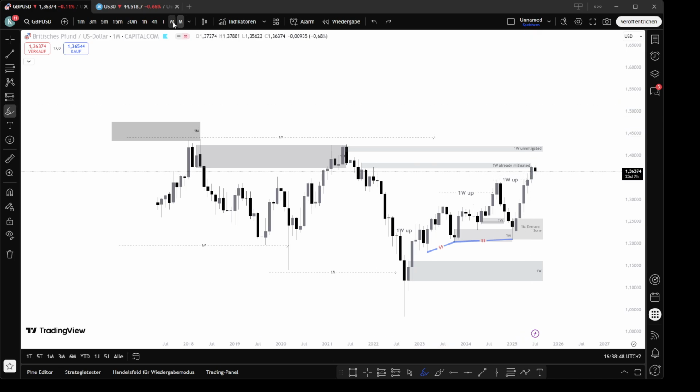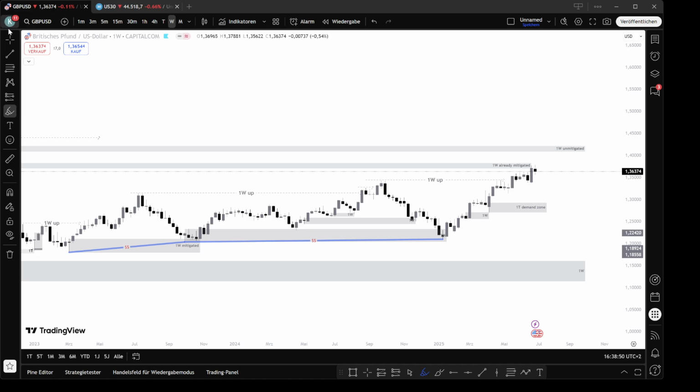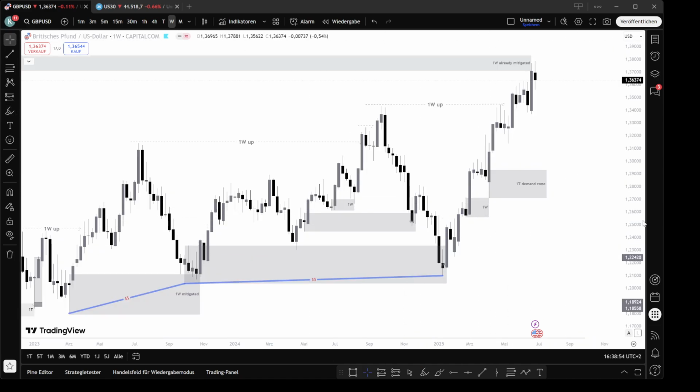So we scale down to the weekly time frame. On the weekly time frame, what can we clearly see? We can clearly see that price ended up being bearish for this week. So this candle closed bearish, telling us there's a reaction within this area.